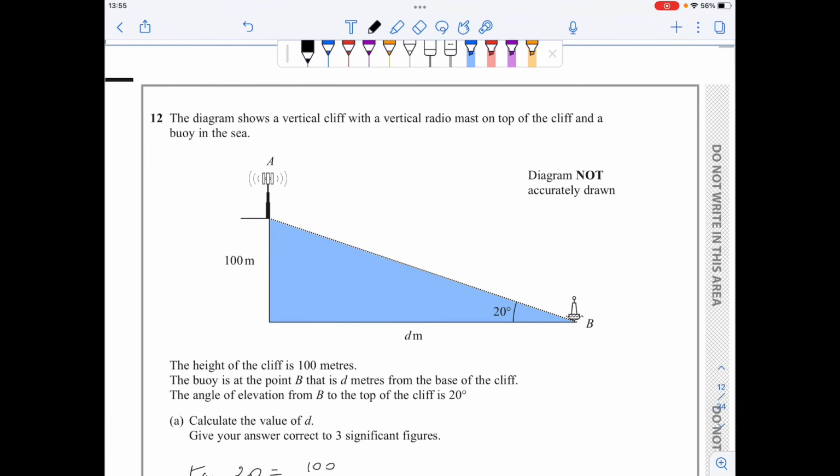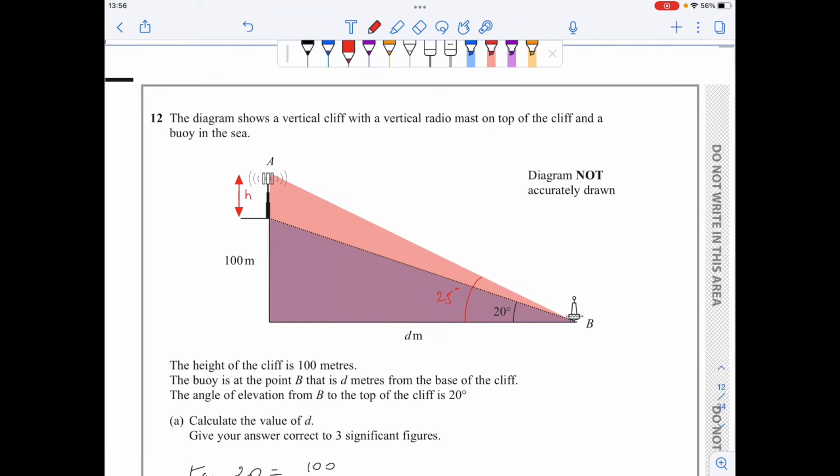For part B, I will work with another right angle triangle. The angle of elevation of A from B, which is this one, that's 25 degrees. I need to find the height of the radio mast, which is this one.